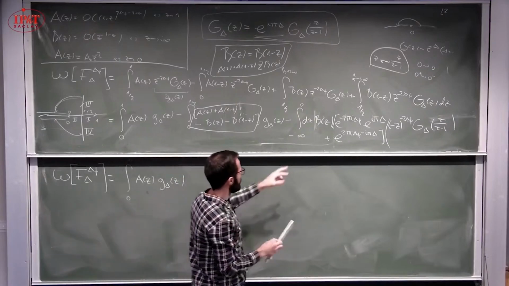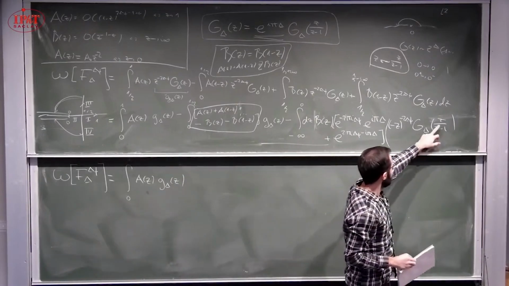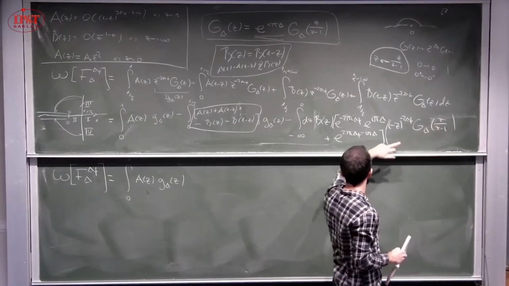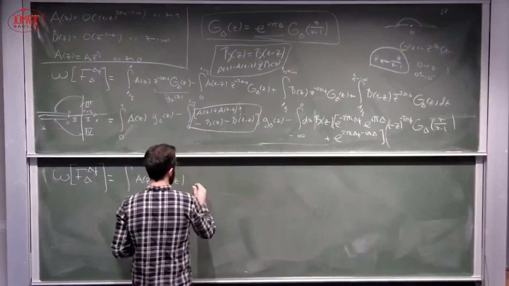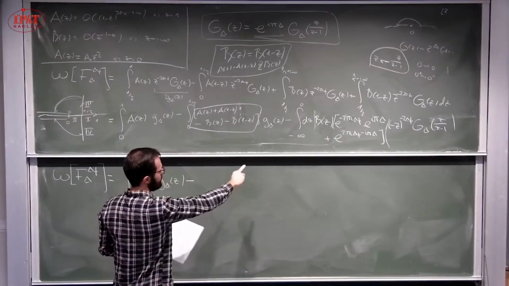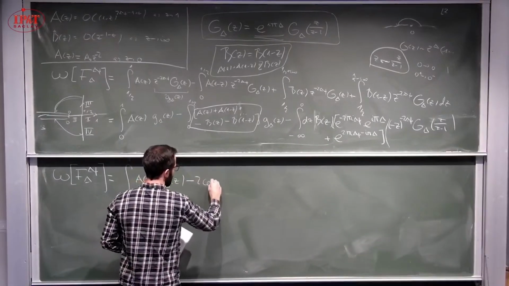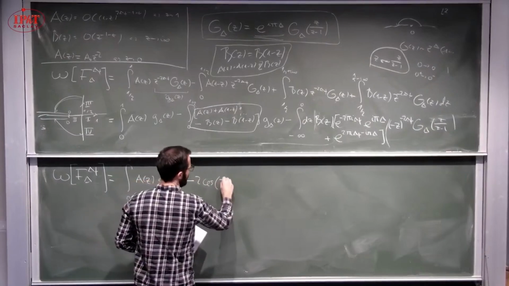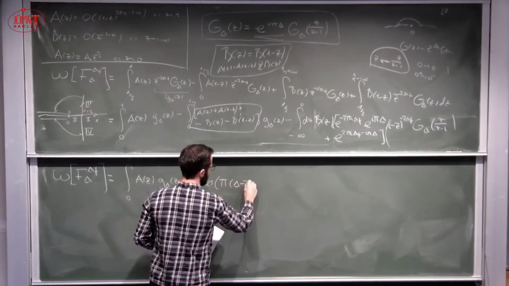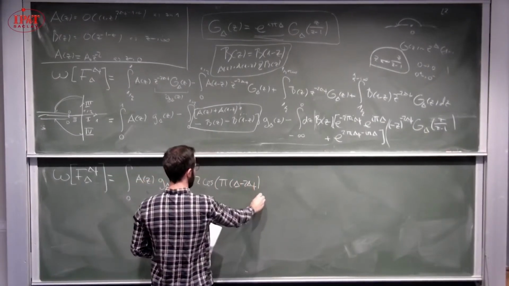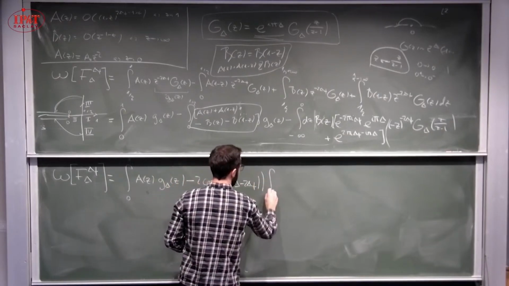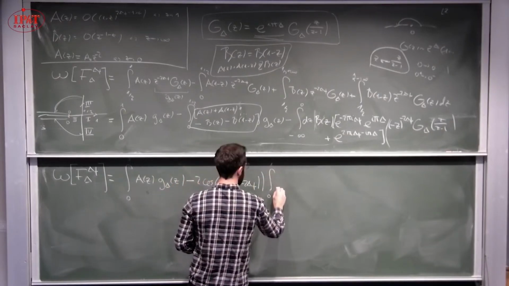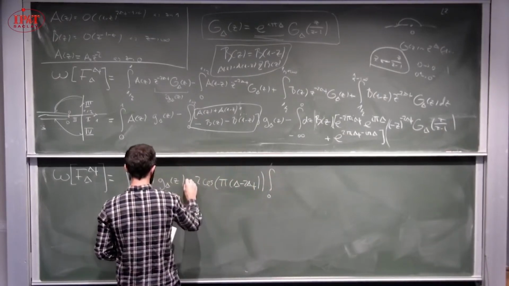is we need to change variables from z to z over z minus 1. So you get 2 cos of pi delta minus 2 delta phi, integral from 0 to 1. So there is a dz missing here.